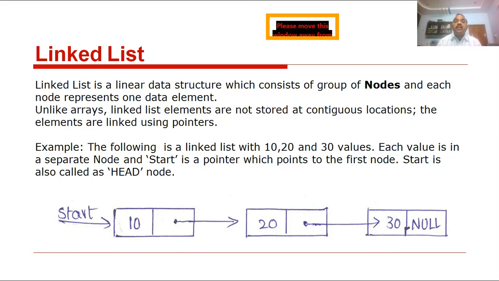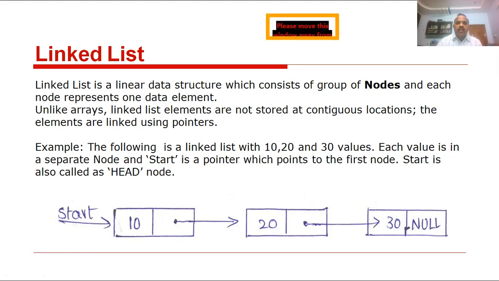Clear? Here it is also the same. A linear data structure consists of a group of nodes, and each node represents one data element. Unlike arrays, linked list elements are not stored at contiguous locations. In arrays there are contiguous memory locations, whereas in a linked list there are no contiguous locations. The elements are linked using pointers, like compartments. Clear?